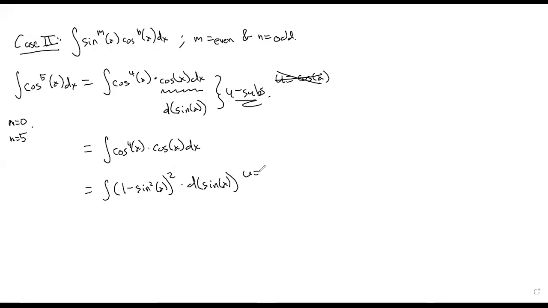So we're going to let u be sine x now. And we're going to take 1 minus u squared, squared, du. And 1 minus u squared, squared, is the same thing as 1 minus 2u squared plus u to the fourth du.